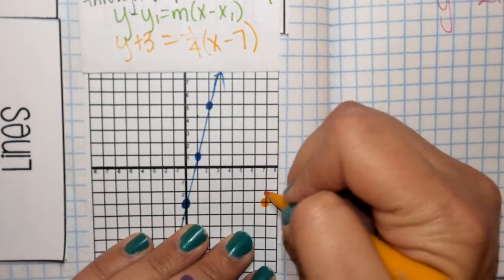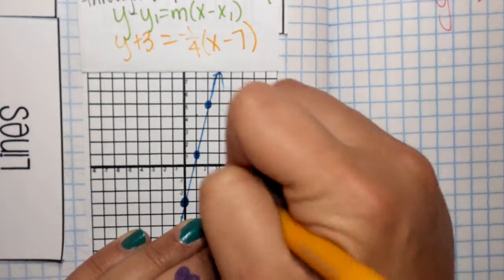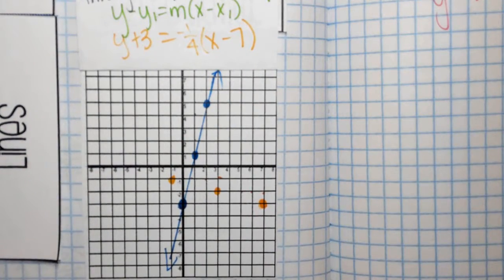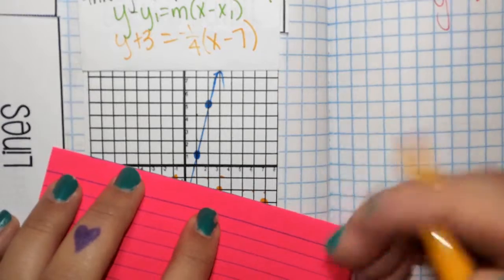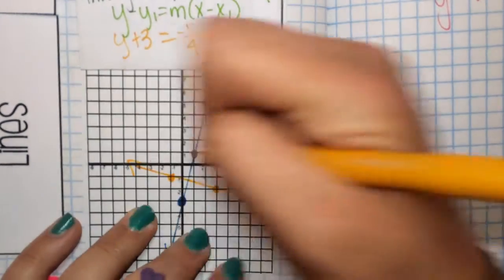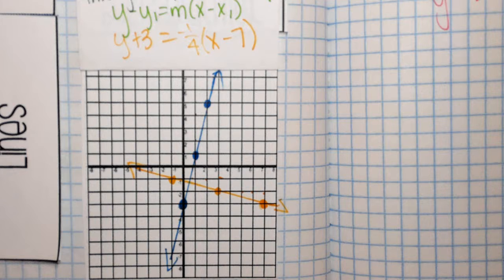No. So I need to go up 1 and left 4, and they cross. Are they supposed to cross? Because they are perpendicular. Take a point, Damien. Good job. It is a weird shape, an X.